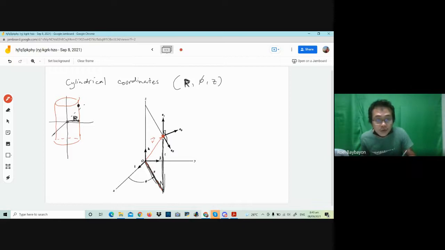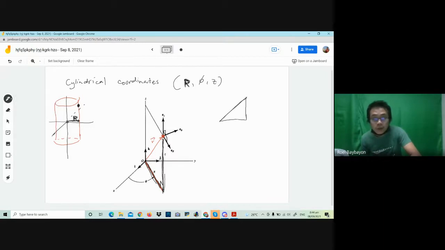Take note, capital R is the radius of your cylinder. And as you can see here, using vector analysis, you can solve for r from here. This is a right triangle. If you draw the relationship between vector r, the capital letter R, and z, we can get r.